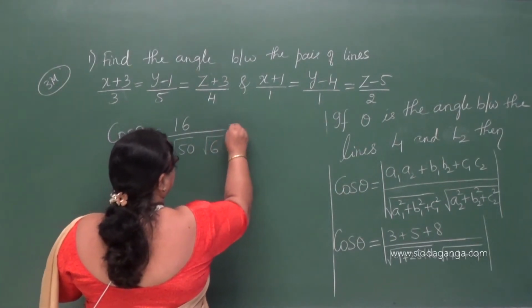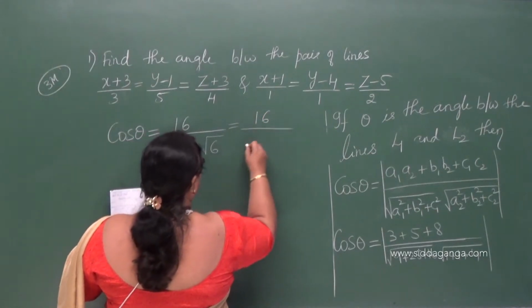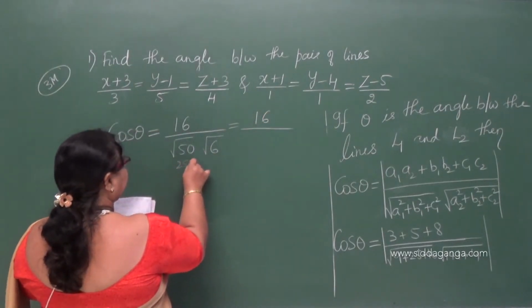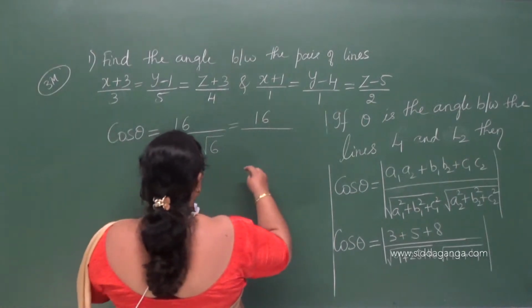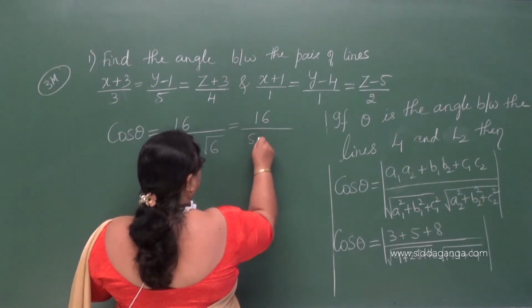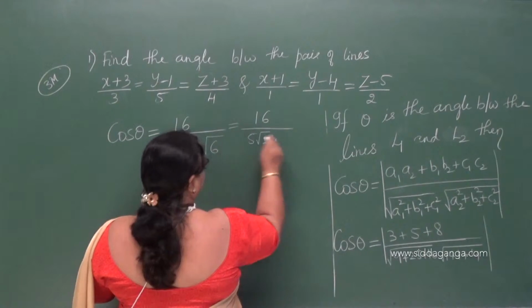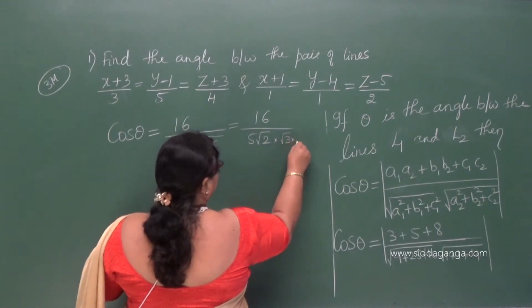That is equal to 16 divided by 25 into 2, written that way it becomes 5 root 2, and we can write this as root 3 into root 2.